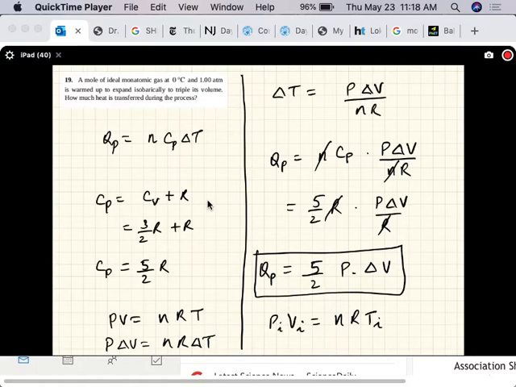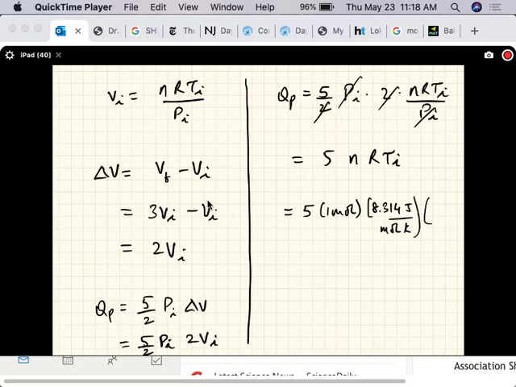And the initial temperature is 273 Kelvin. So we've added 5 times 8.314 times 273, 11,349 joules.